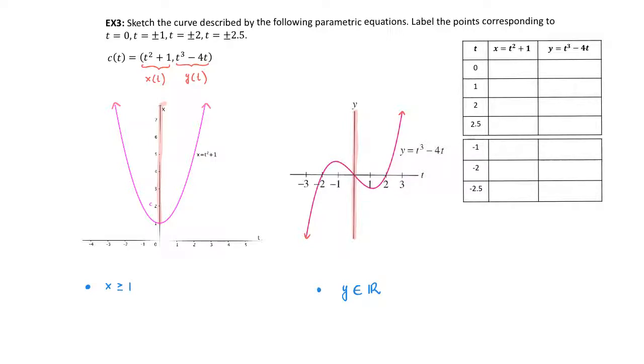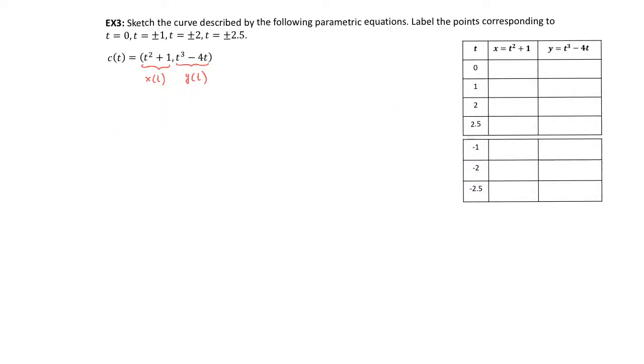Now on to symmetry. To begin the analysis of symmetry, we're going to begin in the same way as in the last two examples. We're going to start with x of negative t. Substituting that into x of t, that will be negative t squared plus 1, which is going to be t squared plus 1, which is going to give us x of t.